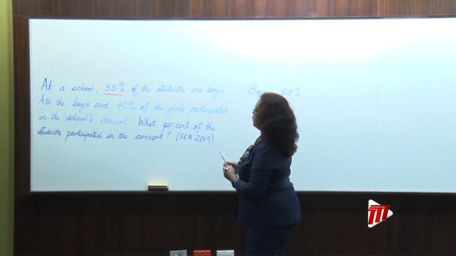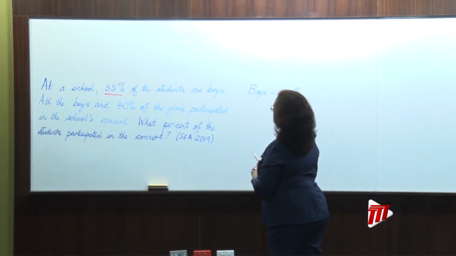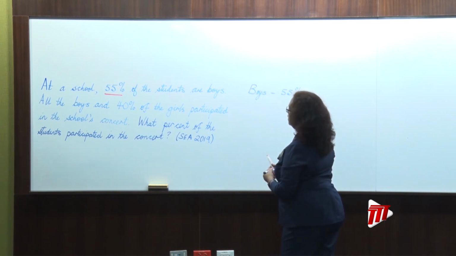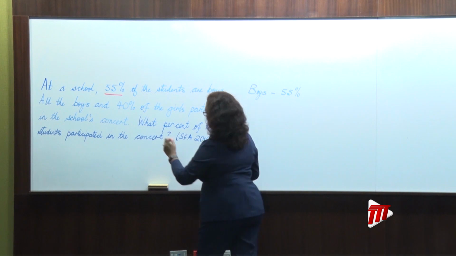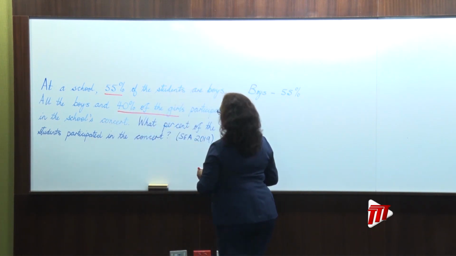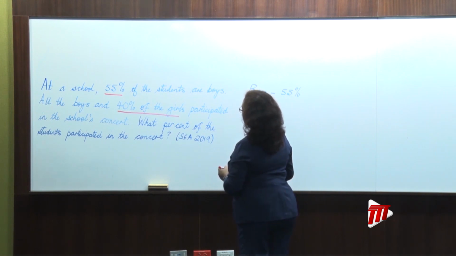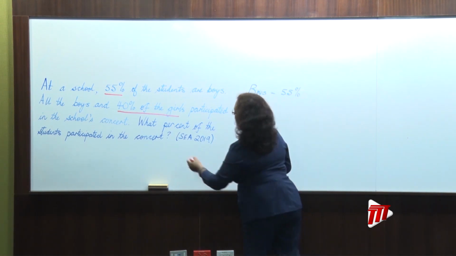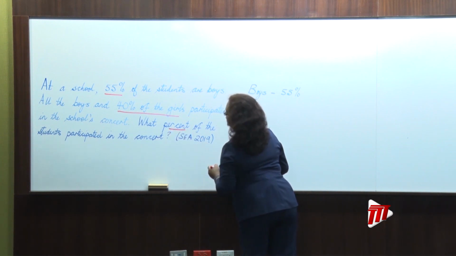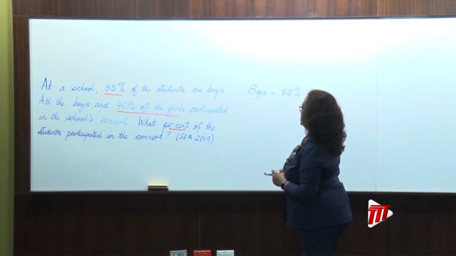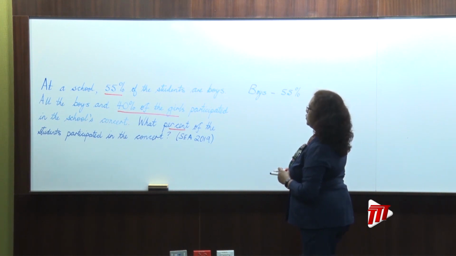All the boys and 40% of the girls participated in the school's concert. So we know that 40% of the girls also participated in the school's concert. And we are being asked to find what percent of the total number of students participated in the concert.